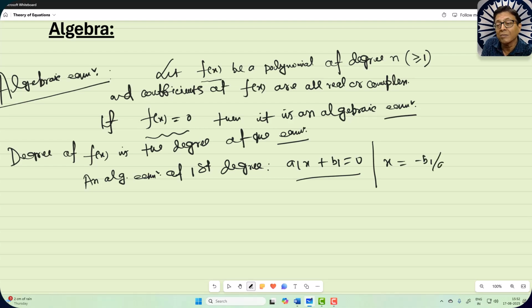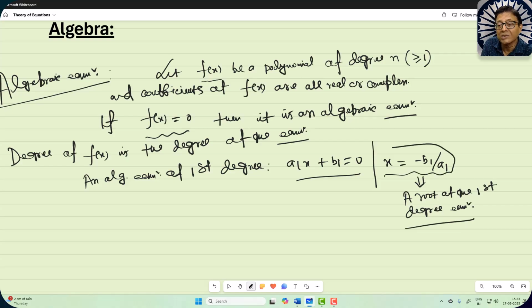Minus b1 by a1. By now, we will be referring to minus b1 by a1 as a root of the first degree equation. This is a root of the equation.